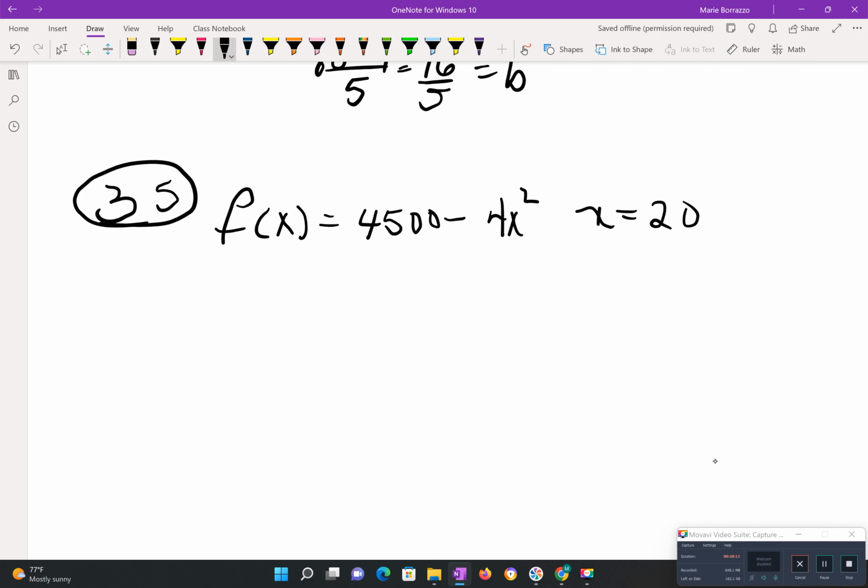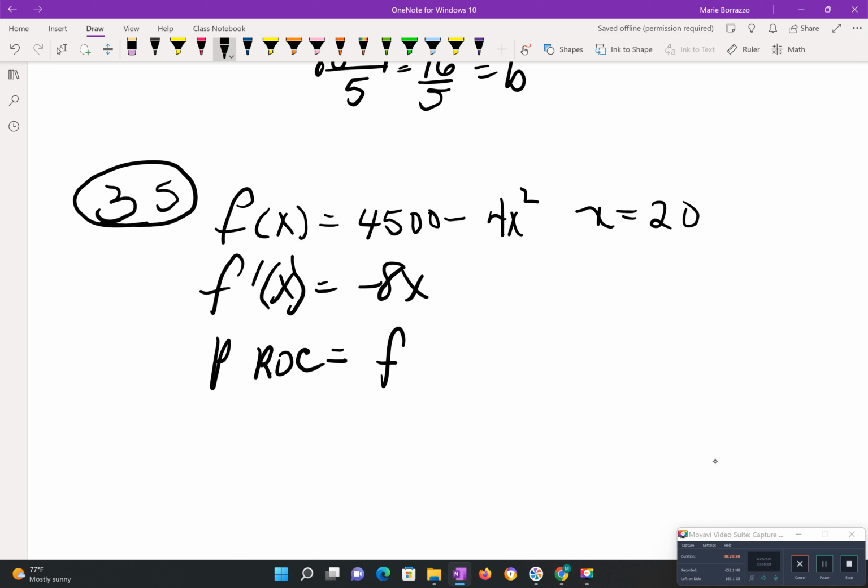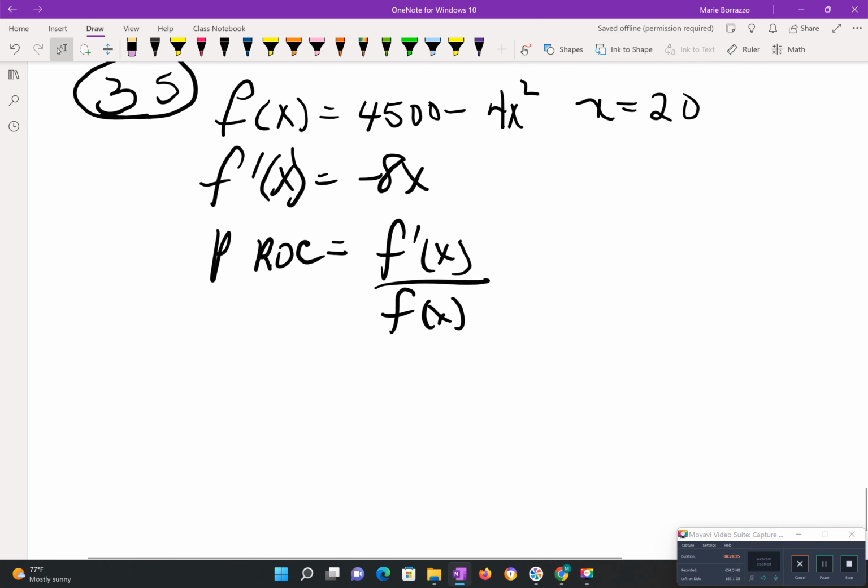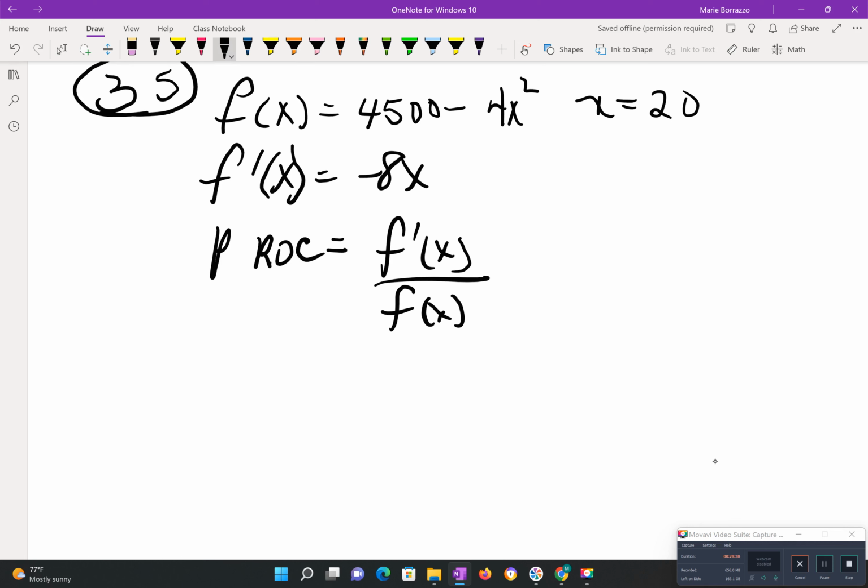So if we take that first derivative, we have negative 8x, and the percent rate of change in our case is the first derivative over the original f of x. So the first derivative is negative 8 times 20, and divide that by 4,500 minus 4 times 20 squared.